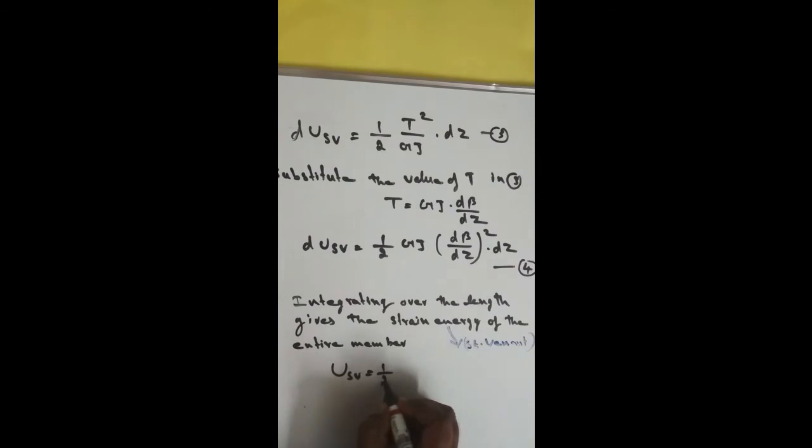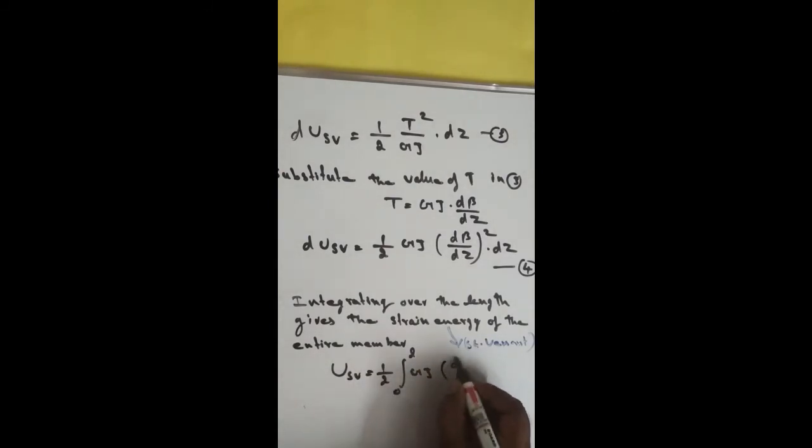U_SV is equal to 1/2 integration 0 to L of GJ, the torsional rigidity, into d beta divided by dz, the whole square, into dz. This is the Saint Venant's strain energy. I'm calling this equation number 5.